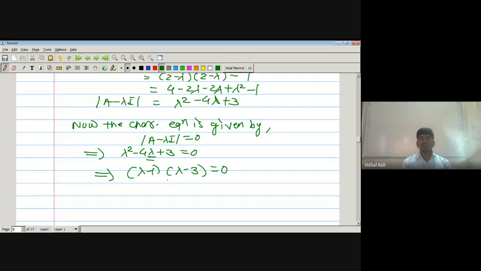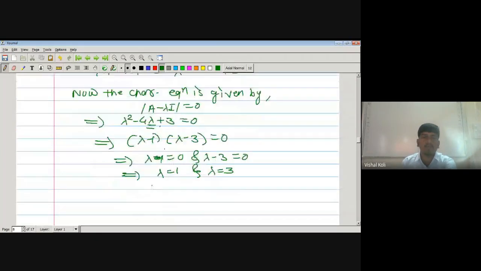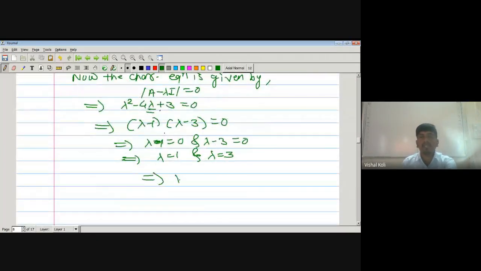So lambda minus 1 into lambda minus 3 equal to 0, which implies lambda minus 1 equal to 0 and lambda minus 3 equal to 0, so lambda equal to 1 and lambda equal to 3. So the eigenvalues are 1 and 3, and these are the eigenvalues of matrix A.